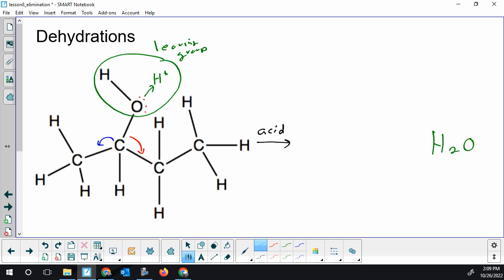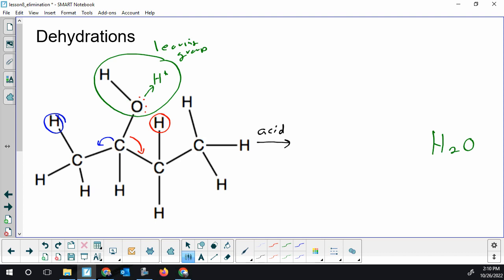When the red double bond forms, we'd lose an H. If the blue version happened, we'd lose an H on the blue side. And that's going to replace the H plus from the acid. So if we get a double bond to the left, the blue, that H would leave. If we get a double bond to the right, that H would leave.